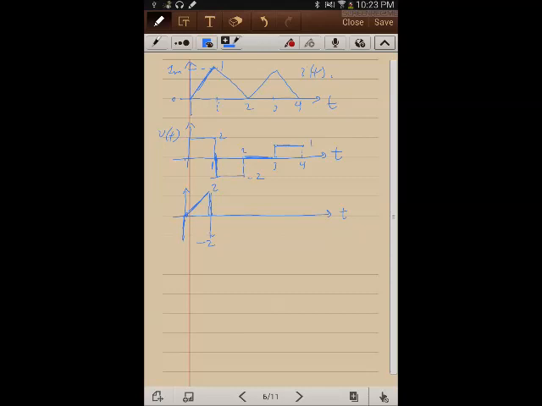Then there will be a negative slope as this tends to decrease from 1 up to 0 at time t equal to 2. So at t equal to 2, this will decrease from -2 up to 0.